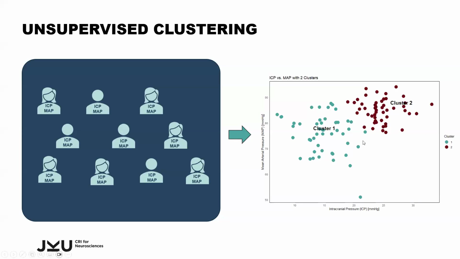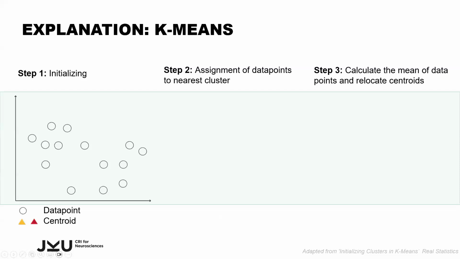But how do you come to this result? Now I will explain one method in detail, not that you need to replicate it, but just to get an idea about the decisions that you have to make when you apply clustering. The simplest example to understand is k-means, which is a traditional unsupervised clustering method like hierarchical clustering.